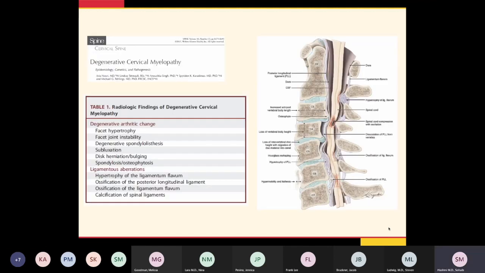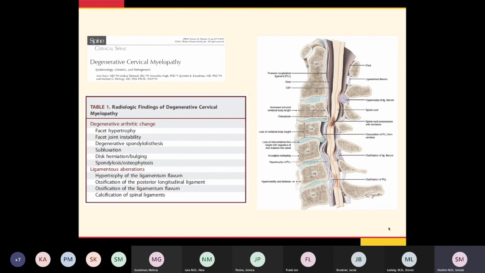So moving on to the radiographic findings that are evaluated in this degenerative pathology in the spine, there can be several different hallmark features that cause the progression of the spinal cord stenosis. And some of these we'll talk about may overlap with congenital stenosis in a patient at the cervical spine level.